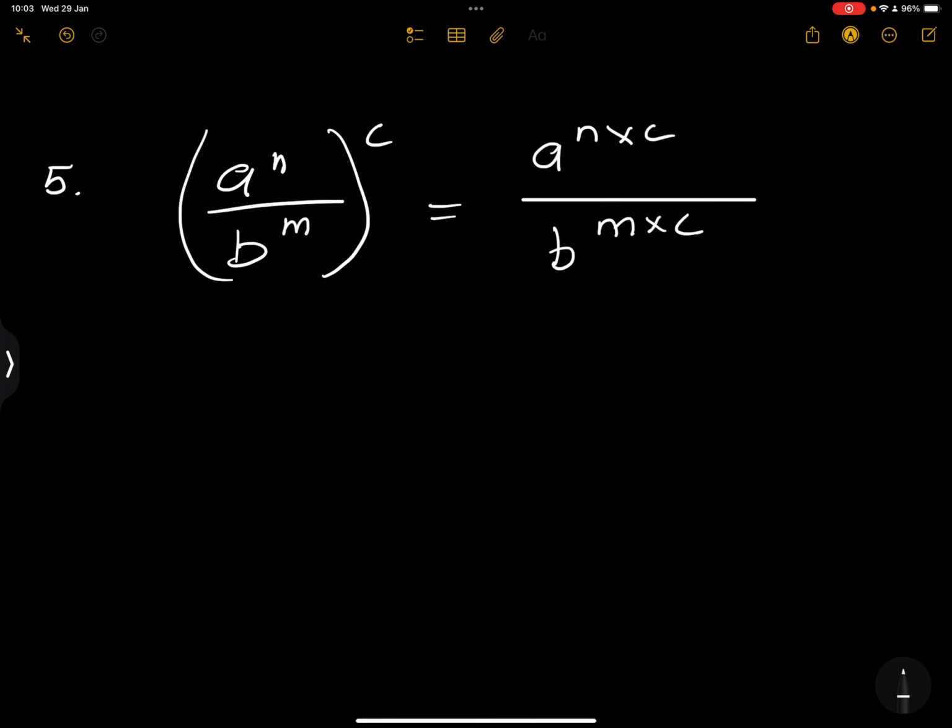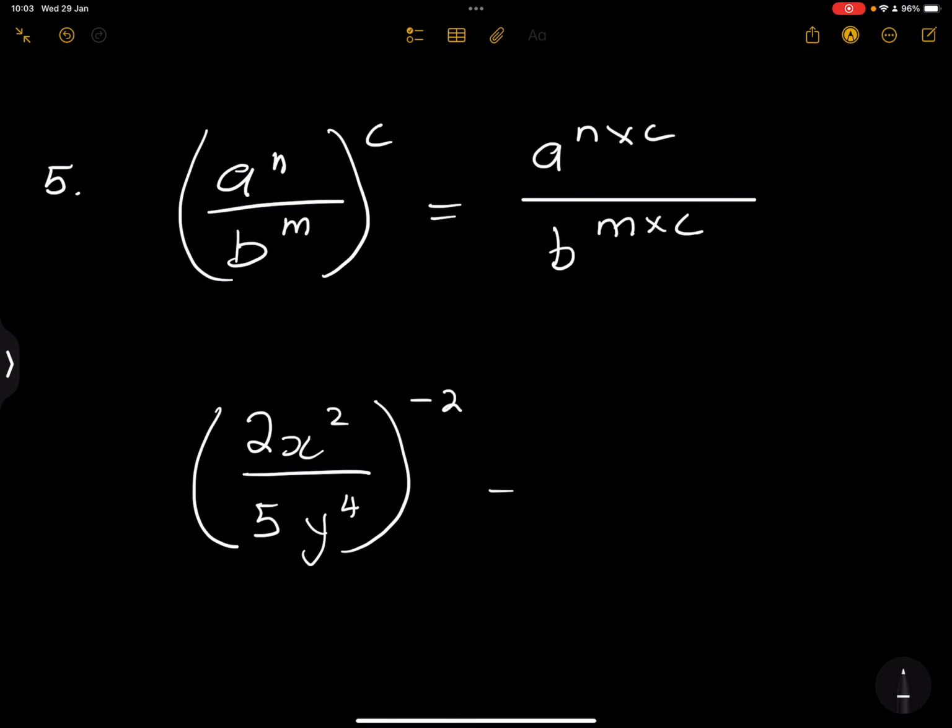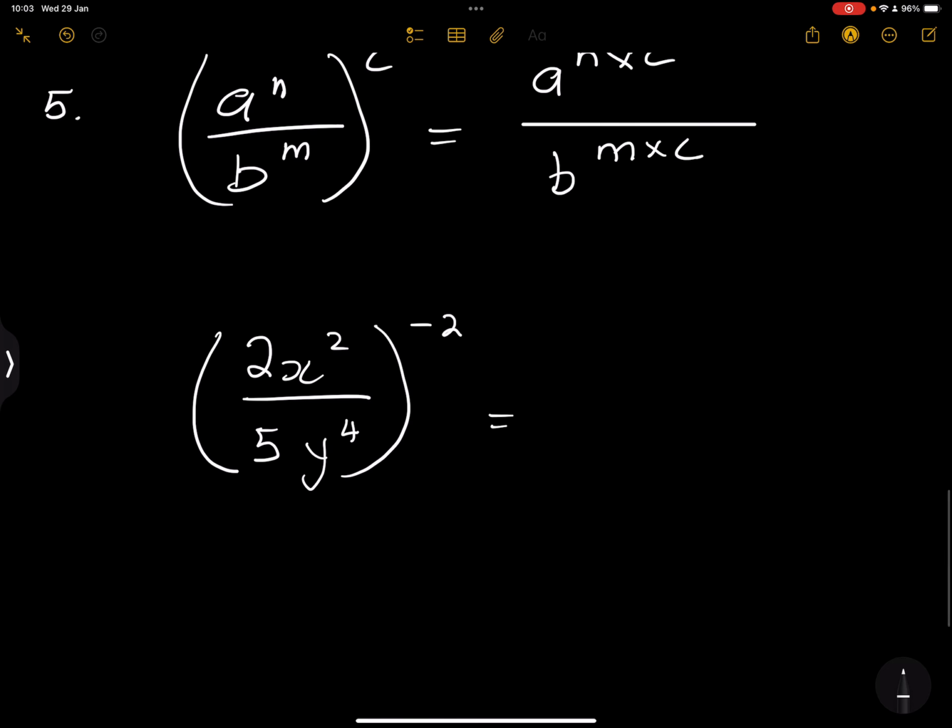Okay, let's make an example. Suppose we've got 2x squared divided by, let's just say 5, y to the power of 4, and we are going to raise that to the exponent negative 2. Now note, ladies and gents, that we also need to do the same with the 2's, and I'm going to show you something a little bit later on about raising to a negative exponent.